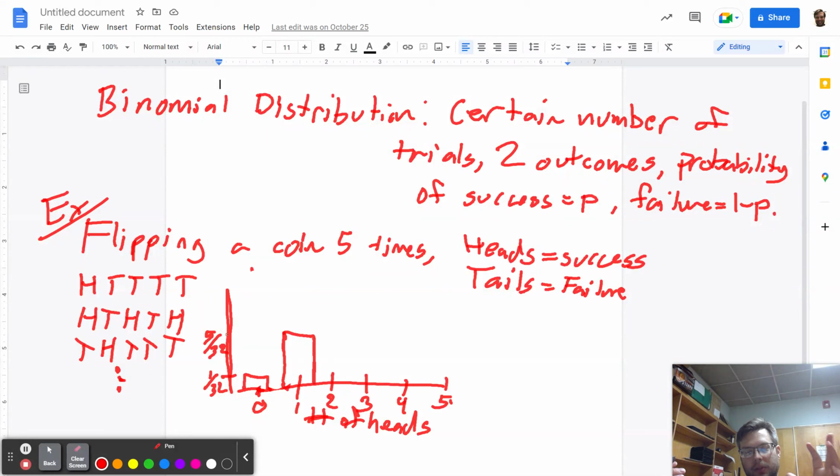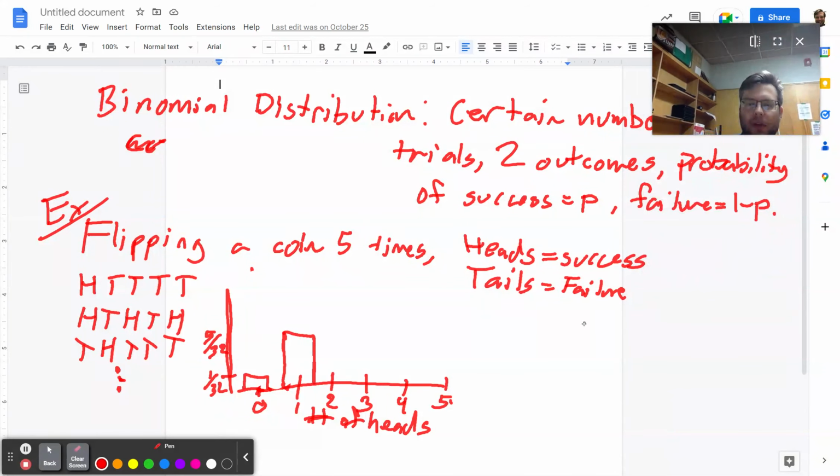Now, it gets a little bit harder to draw or to count how many different ways you could have 2 heads there. One way to think about it is that you have 2 that had to be heads and 3 that had to be tails. So if you start counting them out, you can break it up into cases. So you can say, all right, case number 1, let's do it. I'm going to move my face over here. So case number 1 is your first flip is heads, and then you have 4 other options.